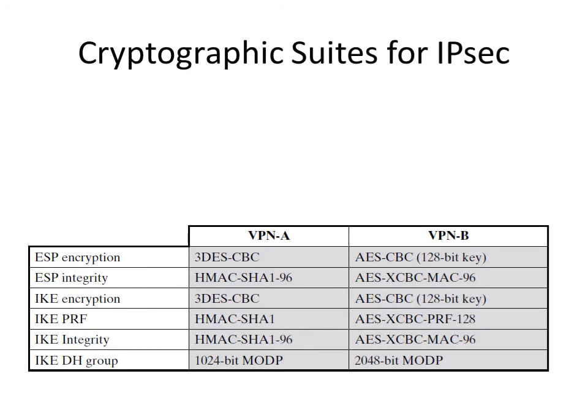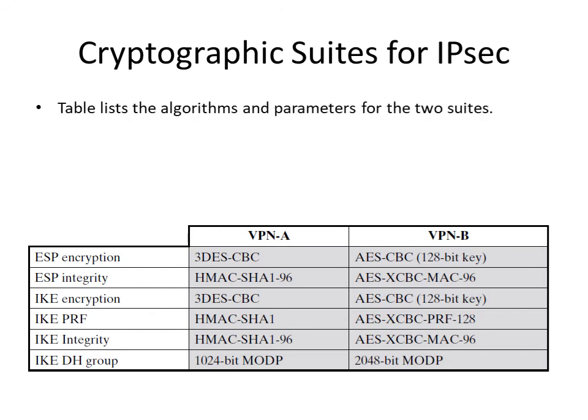So this is the cryptographic suite for IPsec, and in this table we see the list of algorithms and the parameters for these two suites, that is VPN-A and VPN-B. We have ESP encryption, ESP integrity, IKE encryption, IKE PRF.